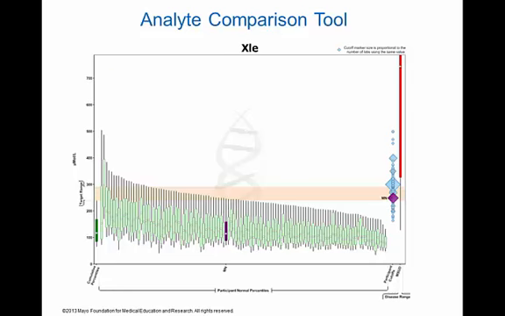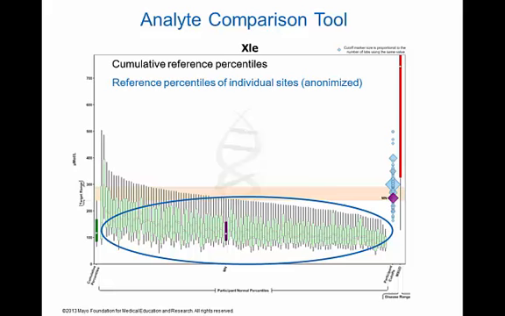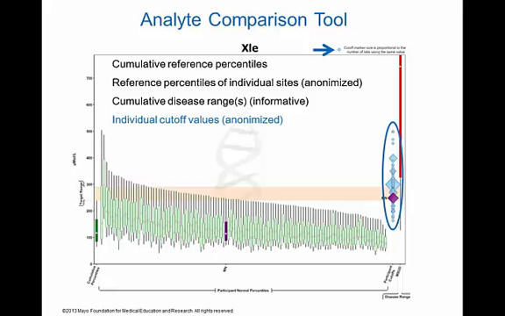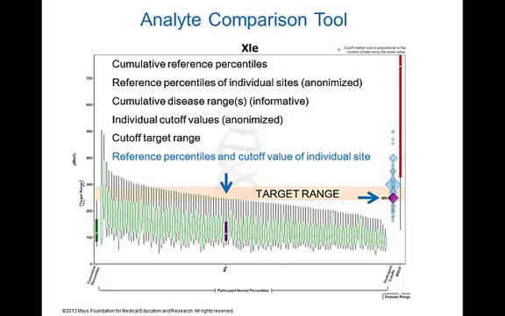The tool shows the range of the cumulative reference percentiles, the anonymized reference percentiles of each individual contributing site, the disease ranges of all conditions where the chosen analyte is informative, in this case just one, MSUD, the distribution of individual cutoff values shown next to the disease range to easily appreciate the degree of overlap, the cutoff target range proposed by the R4S project, and the option to highlight the reference percentiles and cutoff value of your own laboratory.